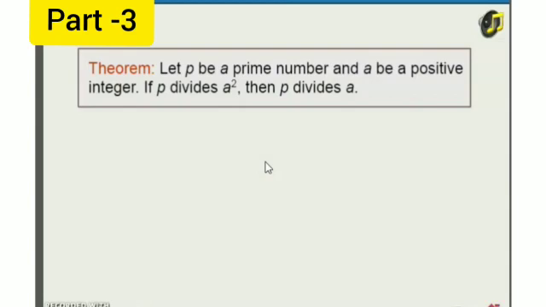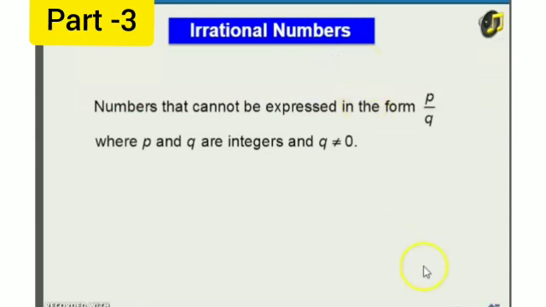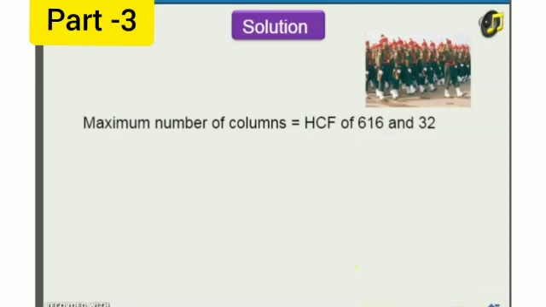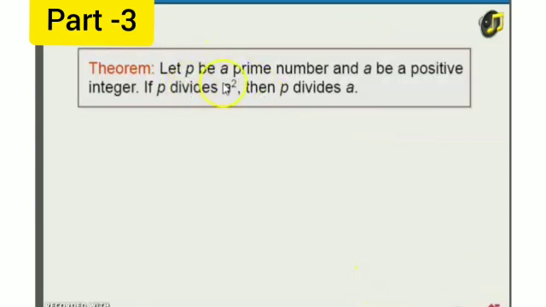If p divides a square, then p divides a. Listen carefully again. Let p be a prime number and a be a positive integer. If p divides a square, then p divides a.